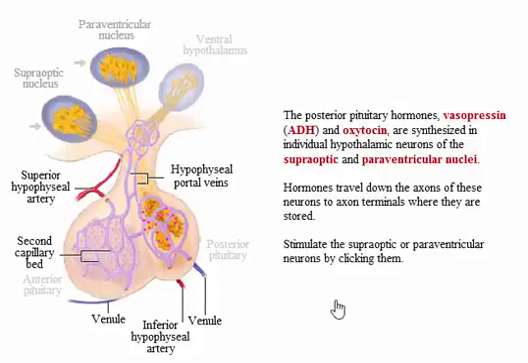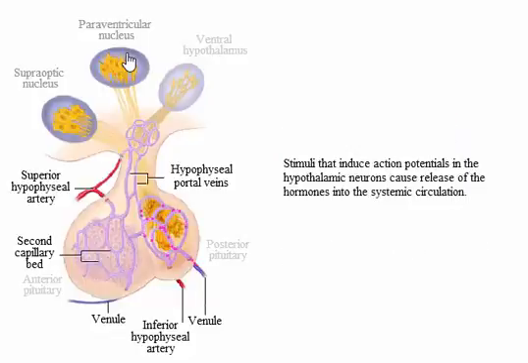Stimulate the supraoptic or paraventricular neurons by clicking them. Stimuli that induce action potentials in the hypothalamic neurons cause release of the hormones into the systemic circulation.